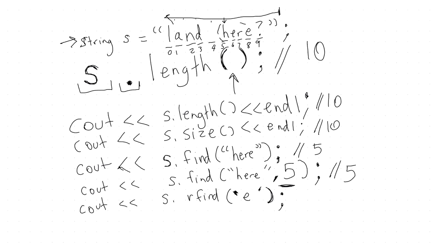So this will find the first occurrence of E starting from the back, which we see here is at 8. If we were to do regular s.find E, this would just be the first time you see an E going forward, which is at index 6. Okay, I'm running out of room here, so I'm going to erase these.